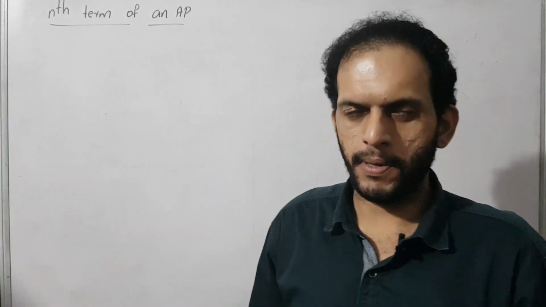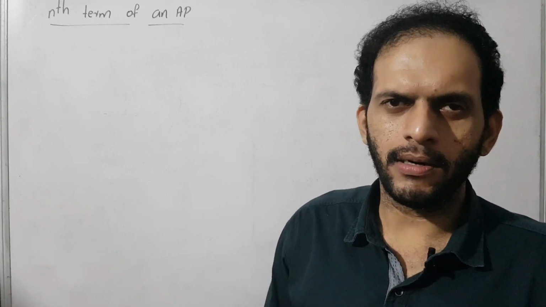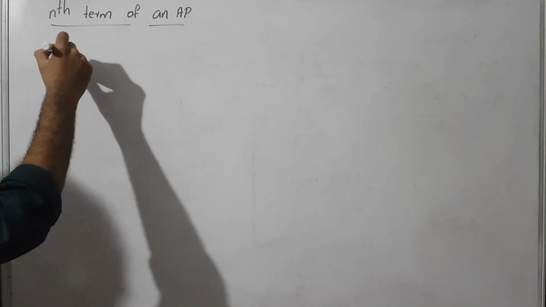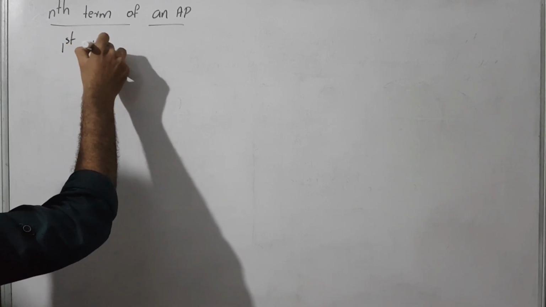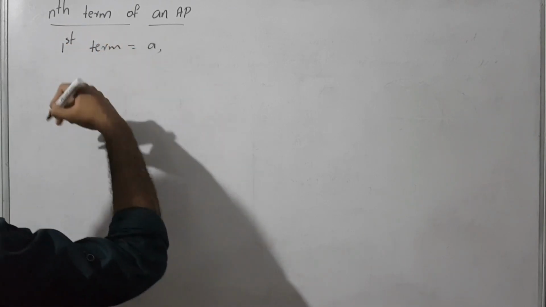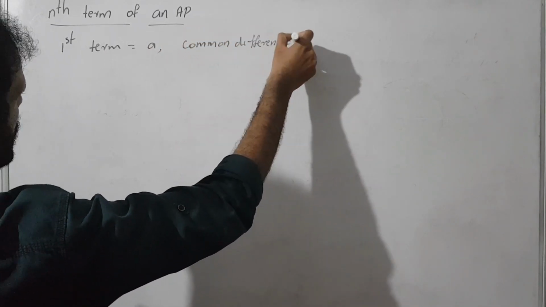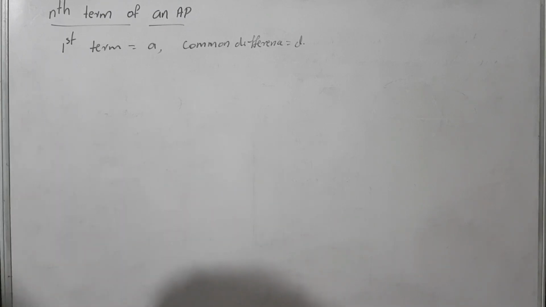Next we are discussing the very important part of the chapter, that is the nth term of an AP. If the first term of an AP is equal to A and the common difference is equal to D, then we know how to write the arithmetic sequence.